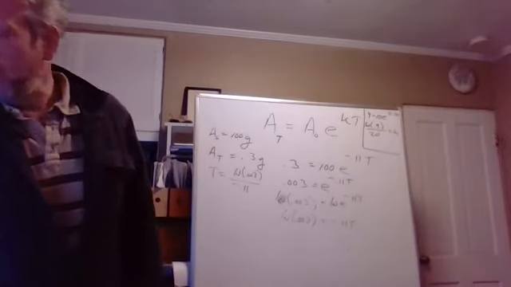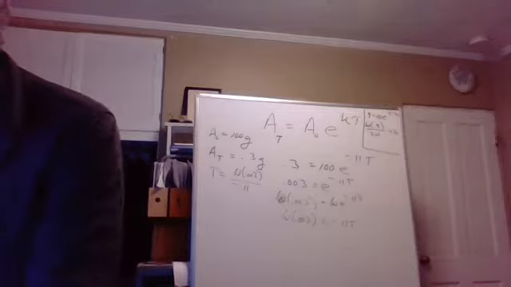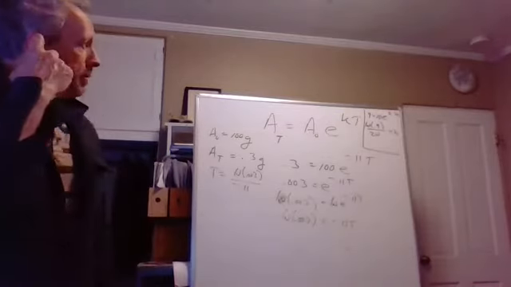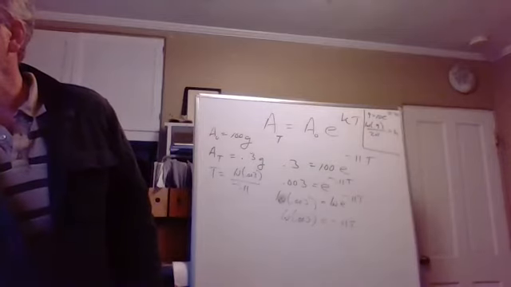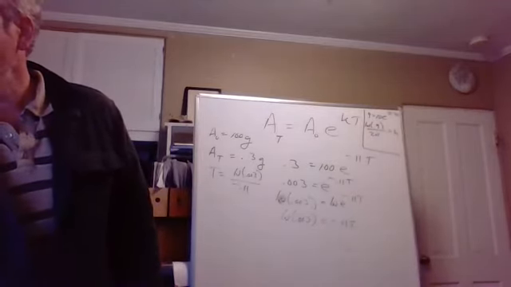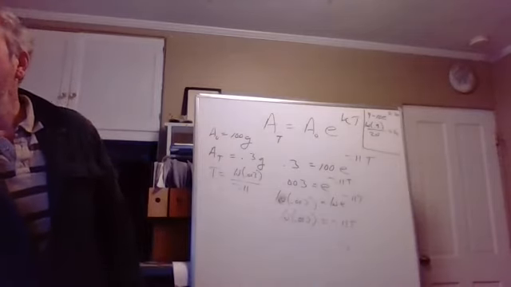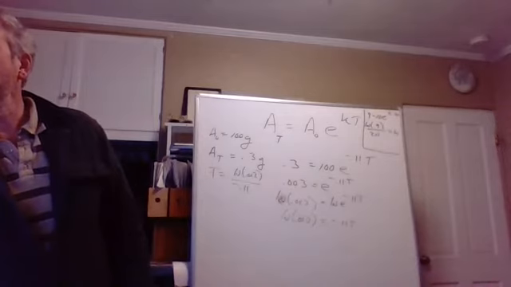So natural logarithm of 0.9. And then, divide by 20. I wonder if I divided by, you know what? I don't think I divided by 20. Let me see here.